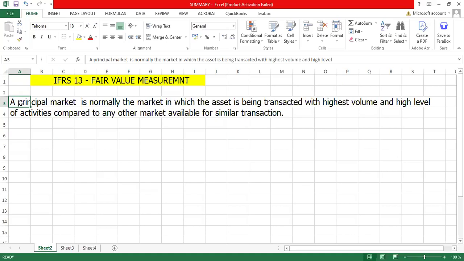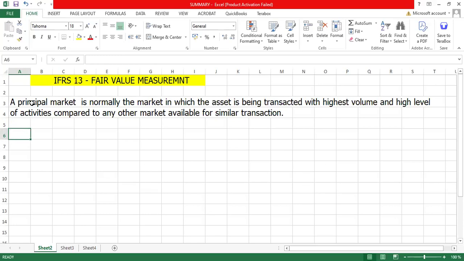The volume of Matoke that side is not all that much. So for the principal market, you look for the market where that asset is mostly transacted. Okay, that will be your principal market.